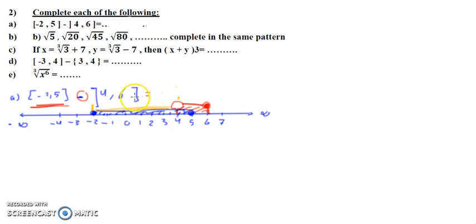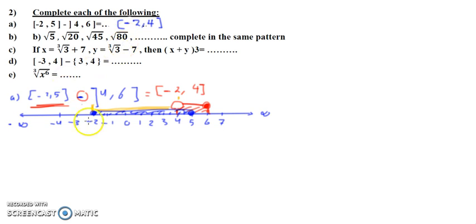Negative 2 exists in the first, and this is closed, and 4 does not exist in the second but exists in the first. So the answer is negative 2 and 4, a closed interval.